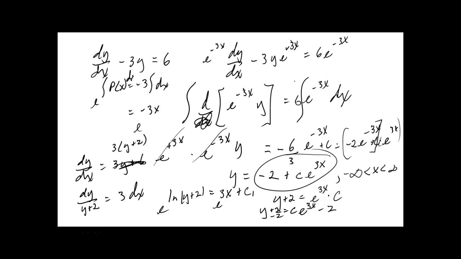Goodness gracious, what are they doing here? From the continuity of p and little f on the interval, we see that f and the partial of f with respect to y, minus p of x, are also continuous.